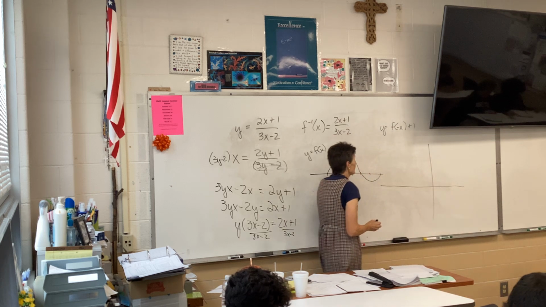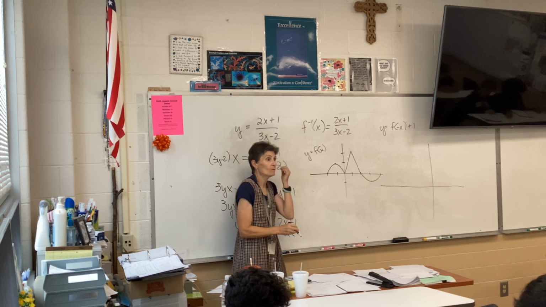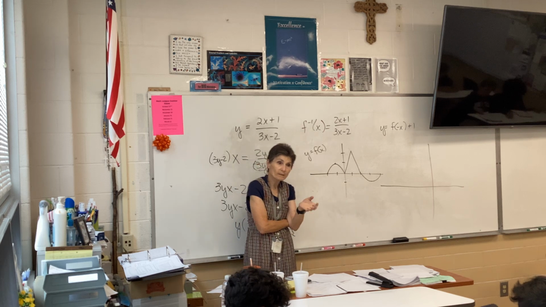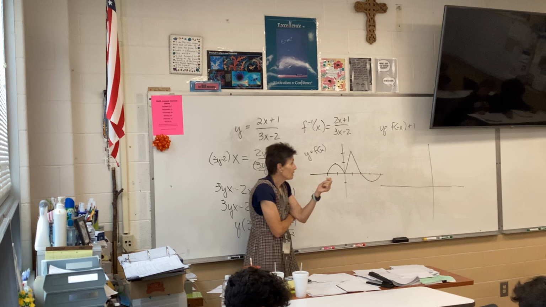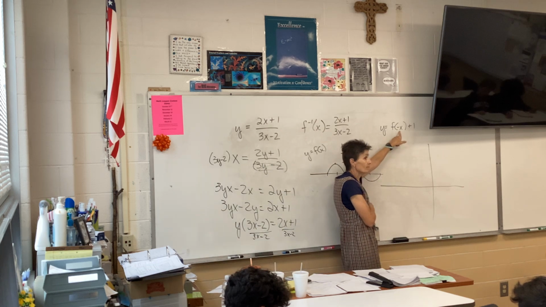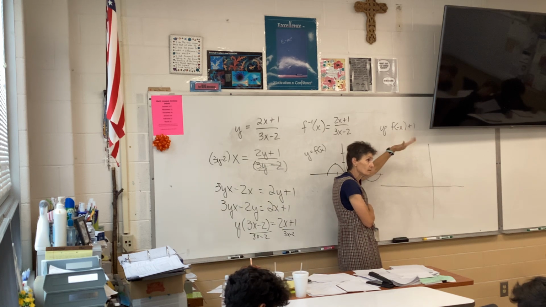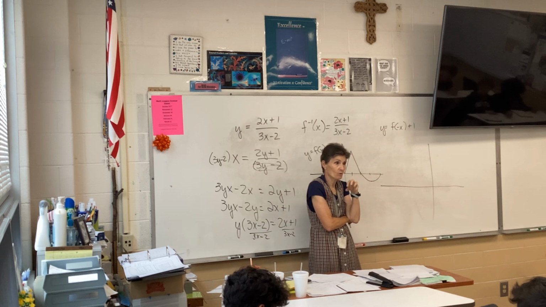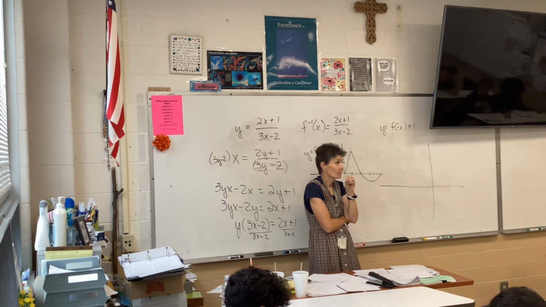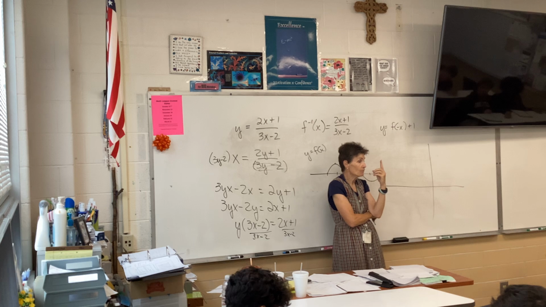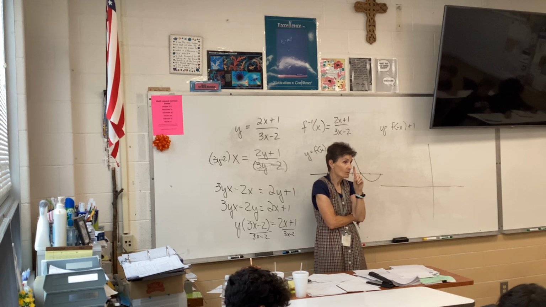All right, so let's talk about how my picture is going to change. What does that negative in that location do to my picture? It's going to flip it sideways.